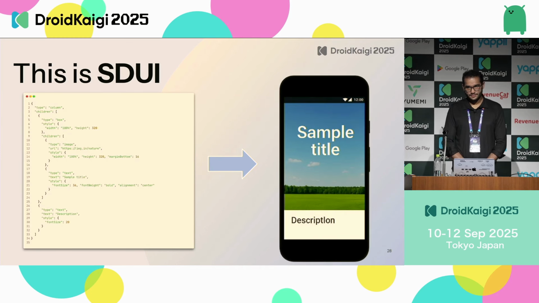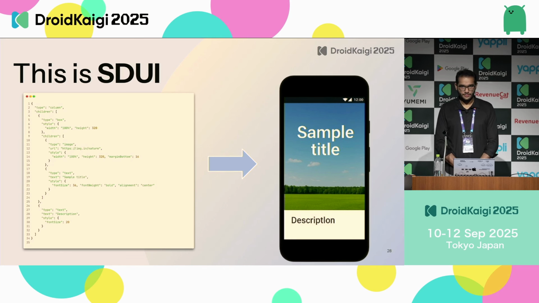Maybe something like this. The layout changes a lot without any redeployment. It depends on how you are structuring your SDUI JSON or schema. Unless a new component is required to support the UI, you don't have to redeploy at all.